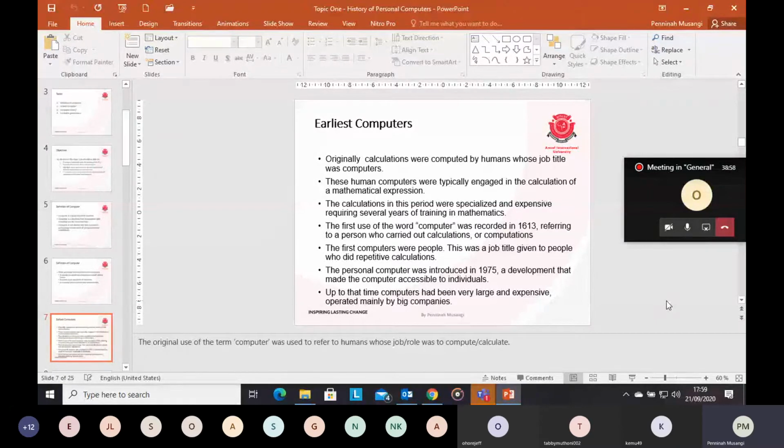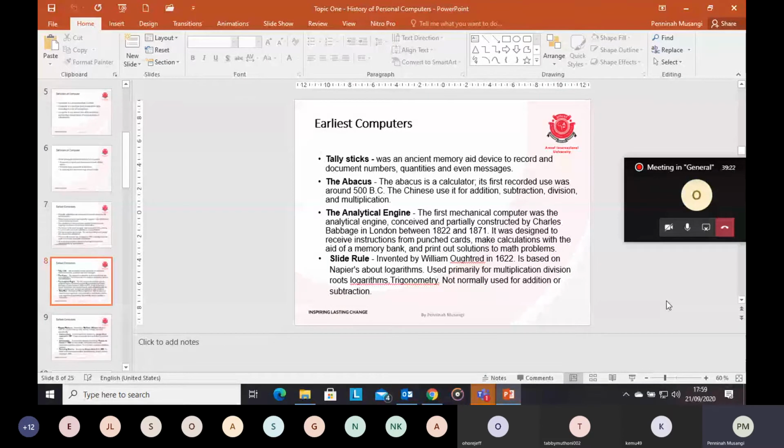So before 1975, they were very big, very expensive, and therefore it was a preserve for big companies and governments, meaning that people could not access them. But from 1975, it was possible for people to access computers and purchase them for their own use.